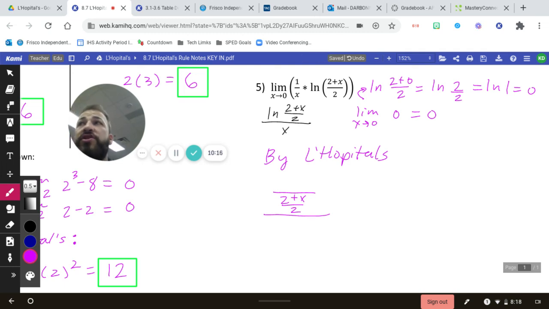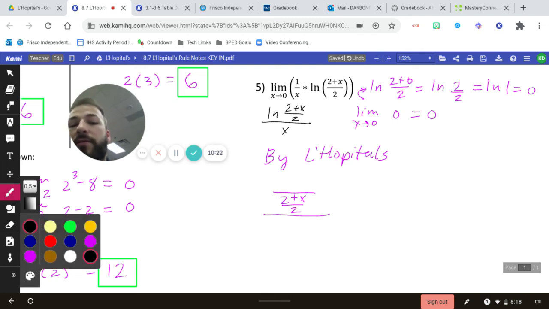The derivative of 2 plus x over 2, remember, is just the same as 1 plus 1/2 x. If I derive 1 plus 1/2 x, that would just give me 1/2. So 1/2 over 2 plus x over 2, that's u prime over u, all over the derivative of just x, which would be just 1.